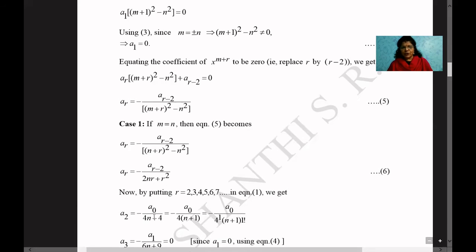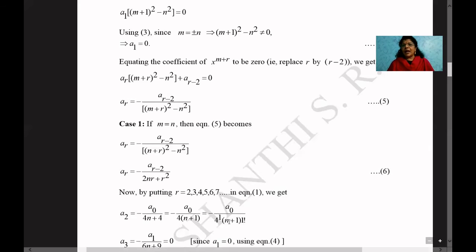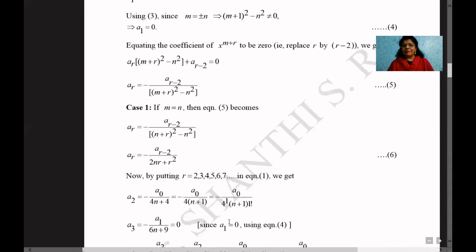Out of 4n plus 4, 4 is common. I'm taking 4 into n plus 1. This is minus a0 by 4 into n plus 1, which I have written like this. Why have I written like this? In the sense, we have to observe the pattern and write the general term, correct?